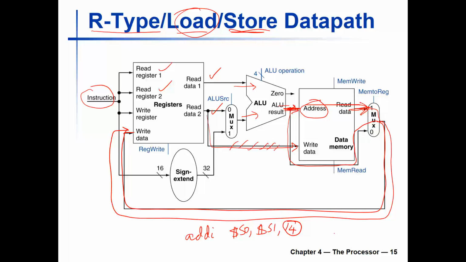So the second operand of the ALU can come from the register file or can come from the instruction. To select, we use this mux and this selection signal, which is ALU source. Notice the memWrite is active during a store operation and memRead is active during a load operation.